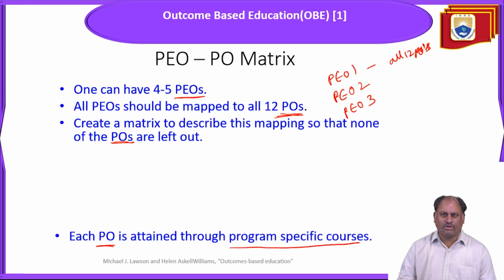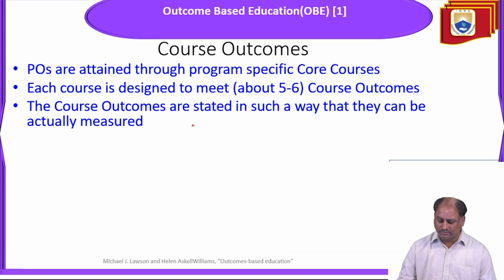But the program outcomes are to be evaluated with the help of POs and PSOs. The program specific core courses are to be verified against the program outcomes. And you have to write about 3 to 6, or 5 to 6 COs for a particular course, and each module is to be defined with that particular statement.